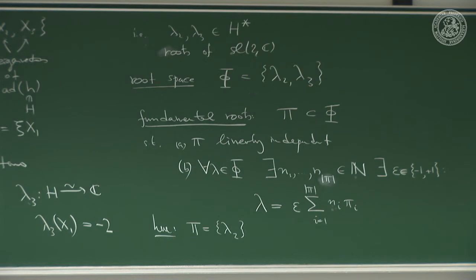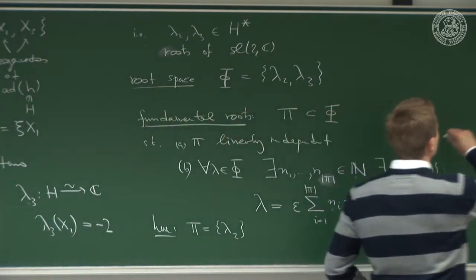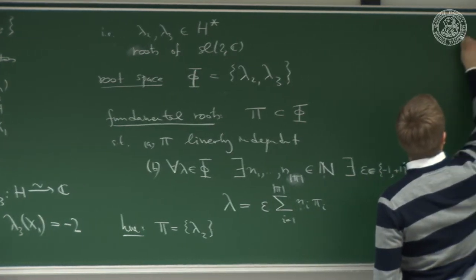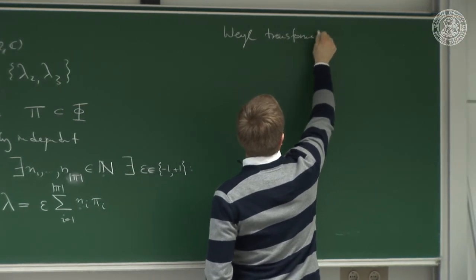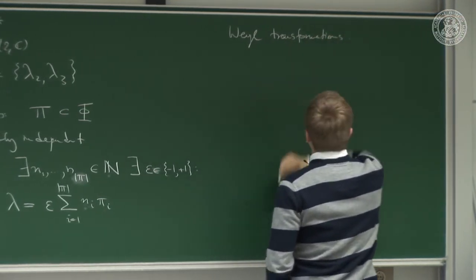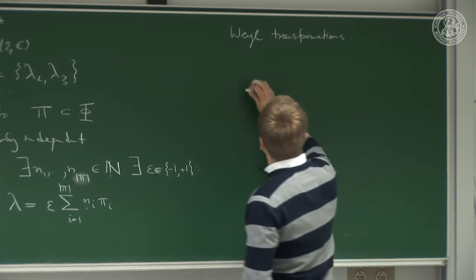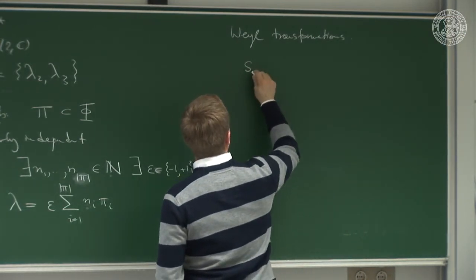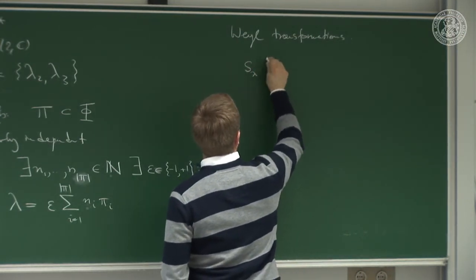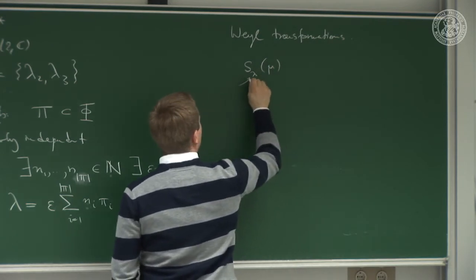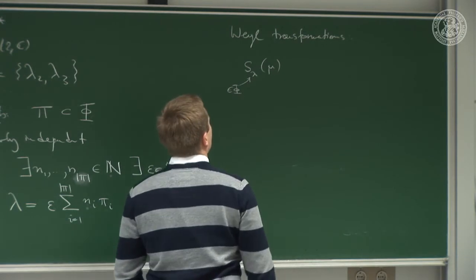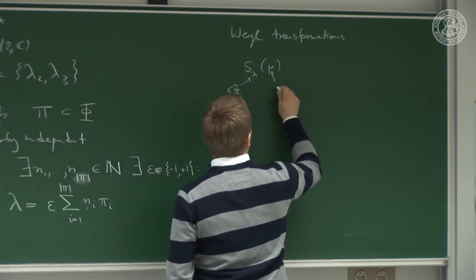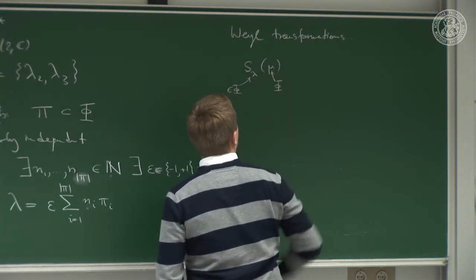Okay, so, well, once we have the fundamental root, we can make the following check. We can look at the Weyl transformations, which constitute the Weyl group. And you remember that the Weyl transformation, you have an S lambda acting on a mu, and the lambda can be any root, and so can the mu here.